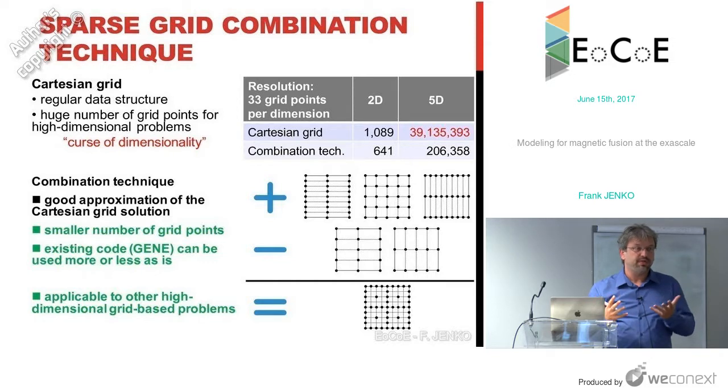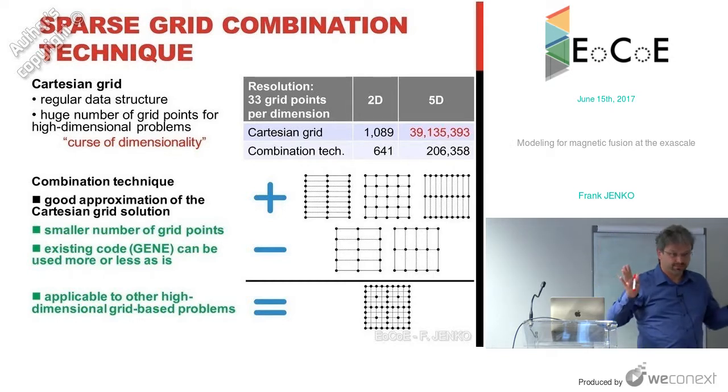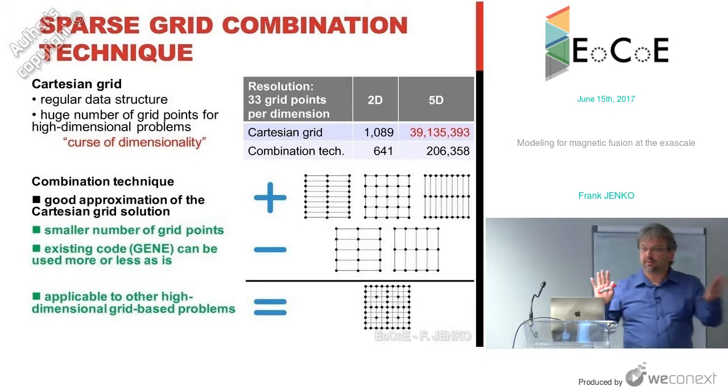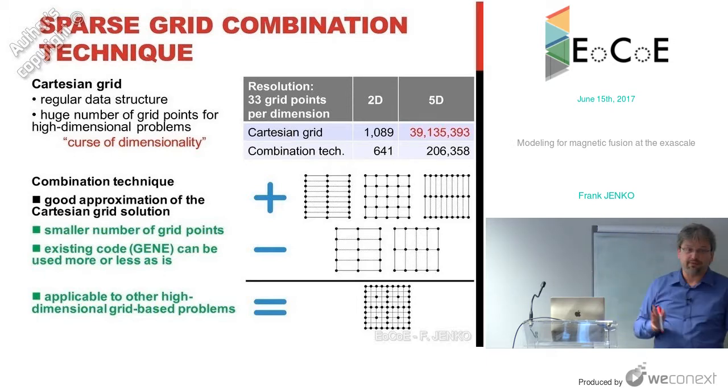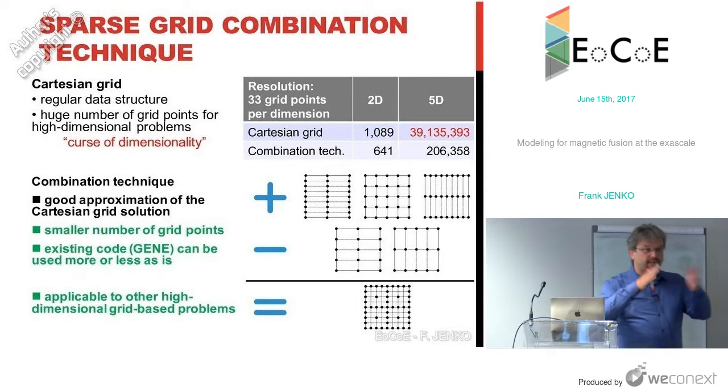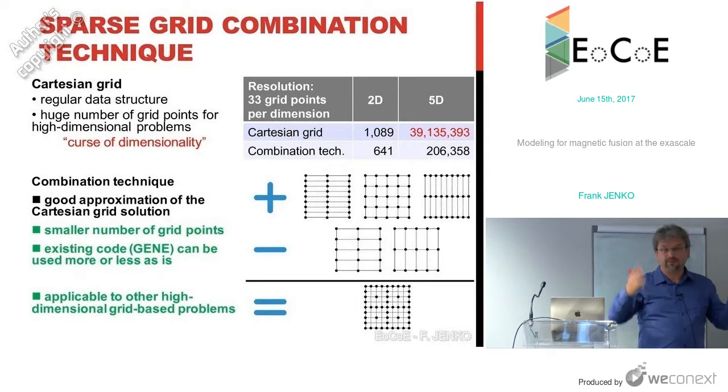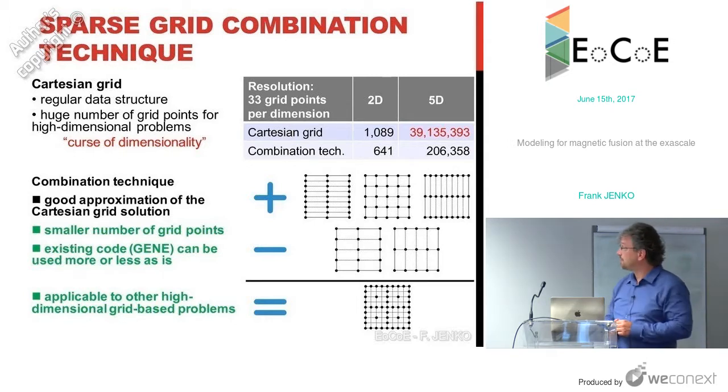So fluid theories cannot be used. You have to use kinetic theories, which in principle are 6-dimensional, but we can get rid of 1 dimension. That has to do with the strong magnetic field in the background. So we are left with a 5-dimensional problem. So, you know, whatever you have, n to the 5 becomes a very large number, of course.